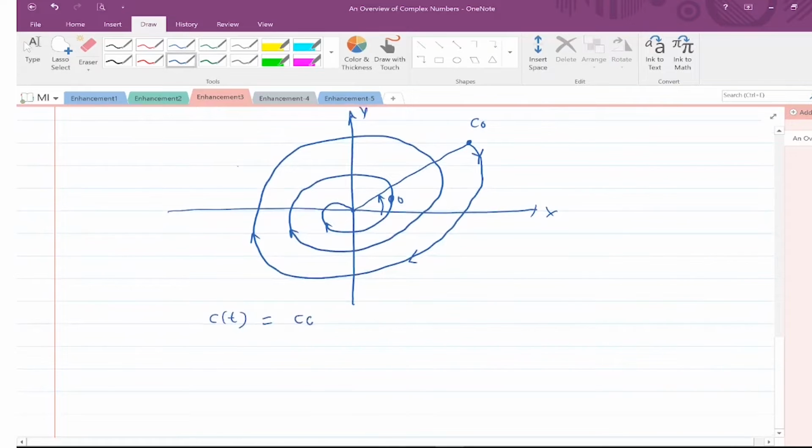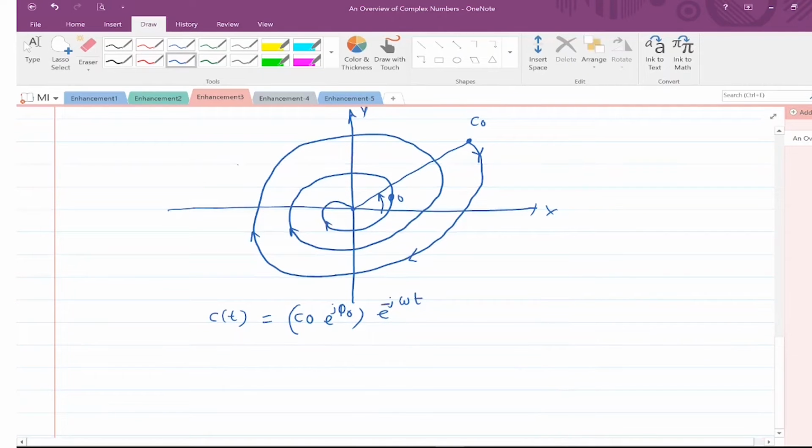Initially it has a magnitude of c naught and phase is phi naught, e power j phi naught, and it is rotating at an angle of omega t, and since it is rotating in the clockwise direction, it should be e power minus j omega t, and then its magnitude is also reducing, so that should be just a real e power minus R L into t, and of course this R L here, since it is exponentially decaying, should be greater than 0.